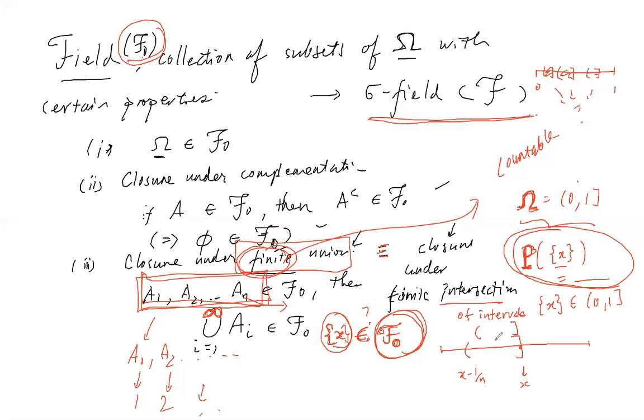You take the intersection between them, with x minus 2 over n; sorry, this is x minus 1 over n, so n equals 1, then n equals 2.